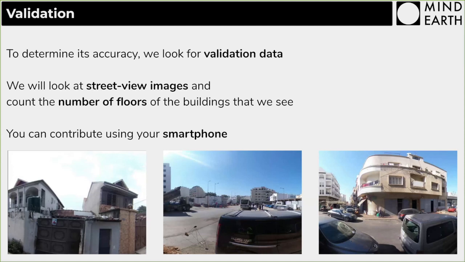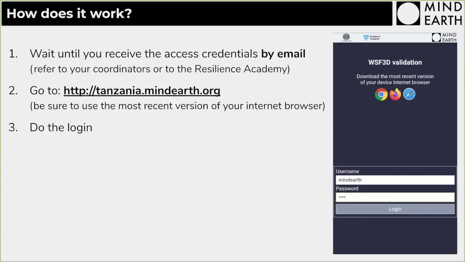We will identify in these pictures the highest building that we see, and then count how many floors this building has. The number of floors basically translates to a height for the building that we can compare to the data that we have in the WSF-3D.